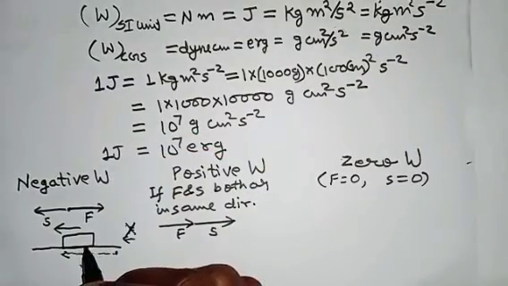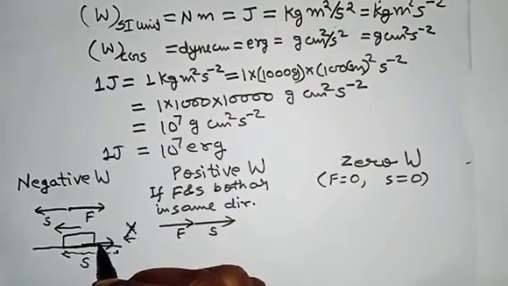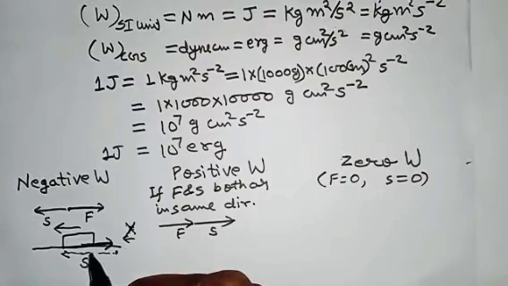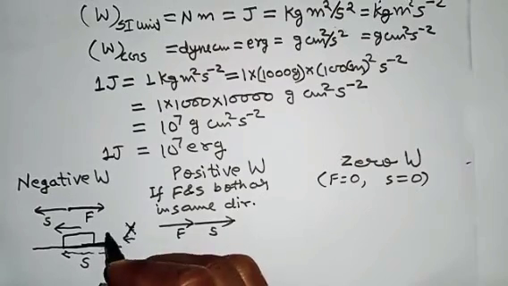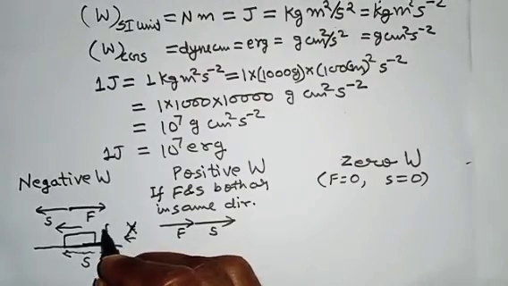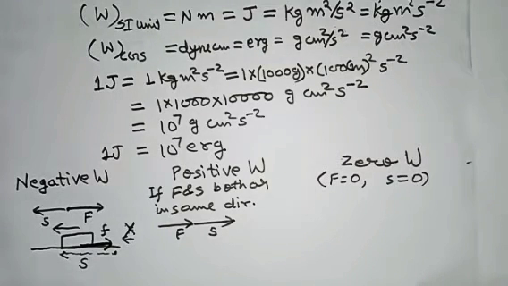So frictional force is always opposite to the displacement. So you can see frictional force, I am writing small f. So both are in opposite direction. So for negative work done, we have an example of frictional force. There are several other examples also. We will see them later on.